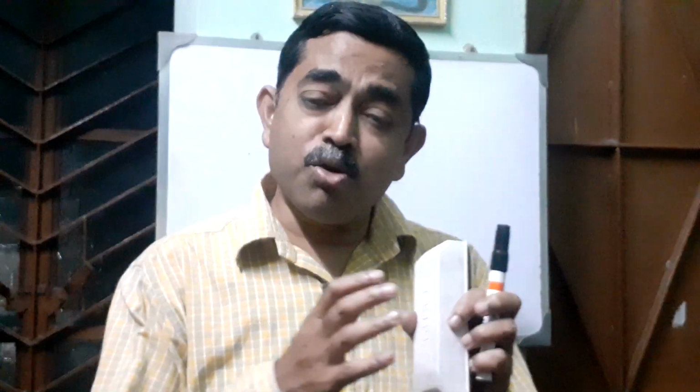So how this happens at the genetic level, I will discuss so that you can understand it better. When the lysogenic cycle happens, one protein, the immunity repressor protein, is produced by the immunity repressor gene of the bacteriophage.